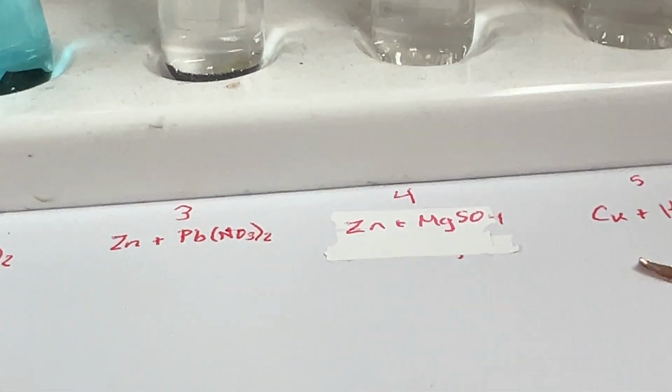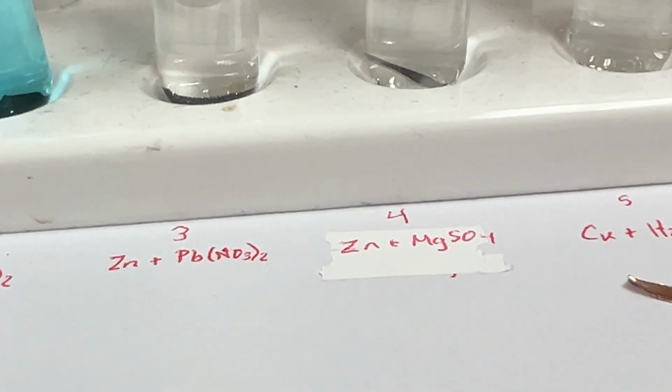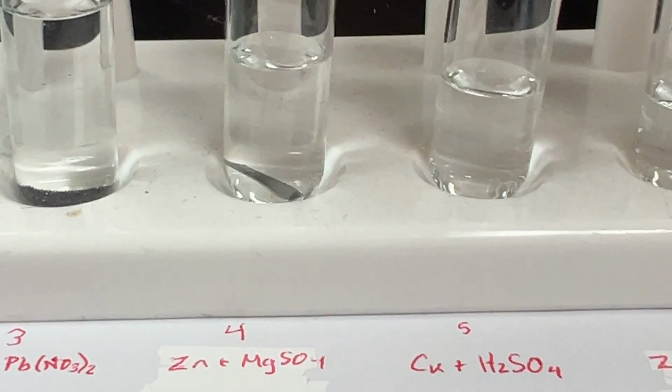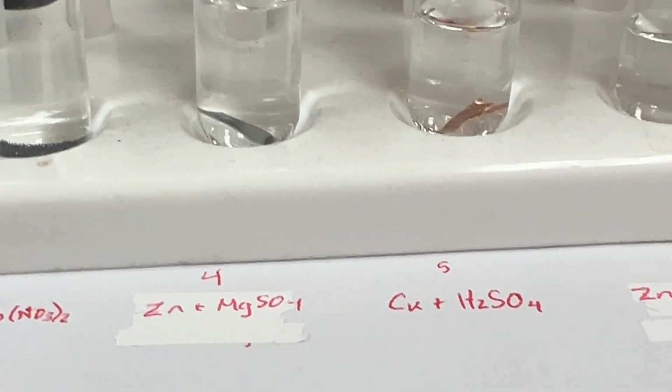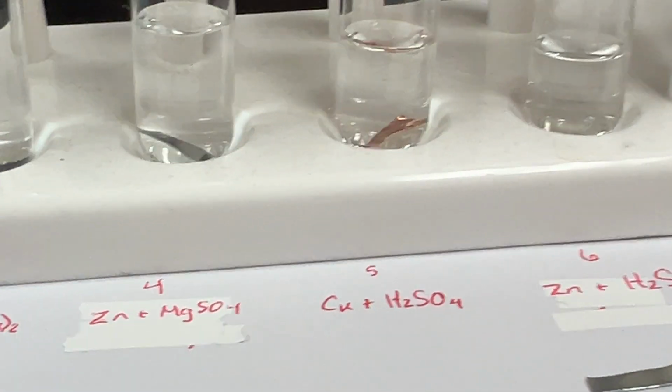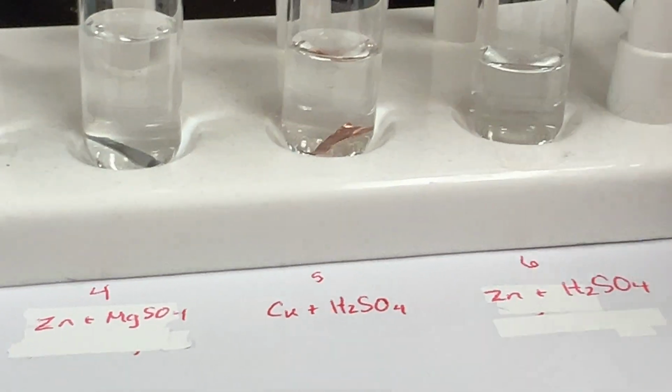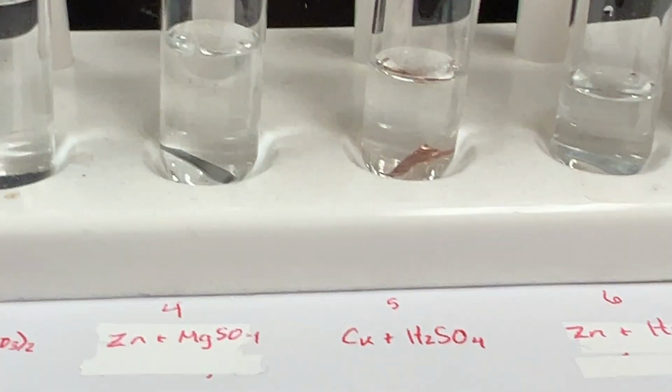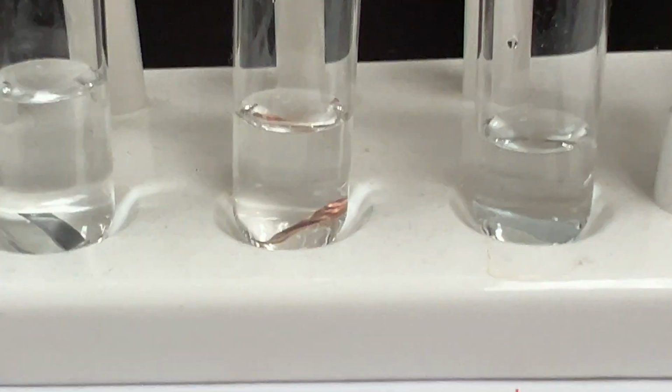Okay, and the next one is some zinc and magnesium nitrate. And then I have some copper and sulfuric acid. And then I have some zinc and sulfuric acid. So we'll watch all three of these together.